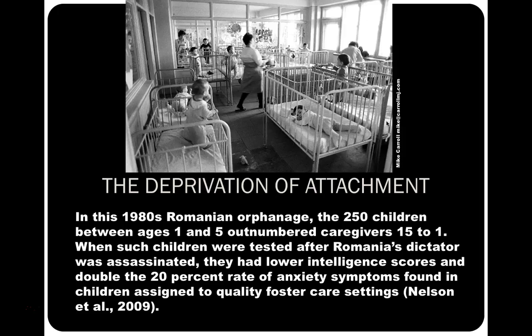Okay, this is something out of the Myers textbook. In this 1980s Romanian orphanage, I'll just read it with you. The 250 children between ages 1 and 5 outnumbered caregivers 15 to 1. When such children were tested after Romania's dictator was assassinated, they had lower intelligence scores and double the 20% rate of anxiety symptoms found in children assigned to quality foster care settings.